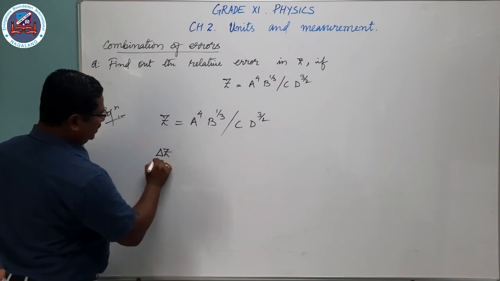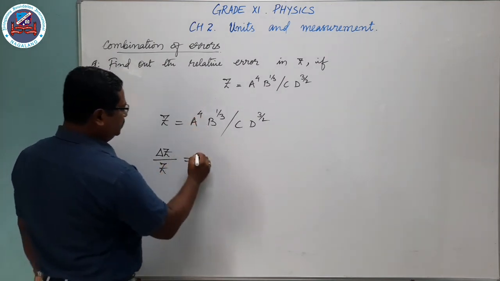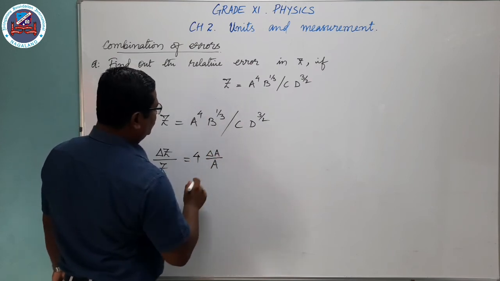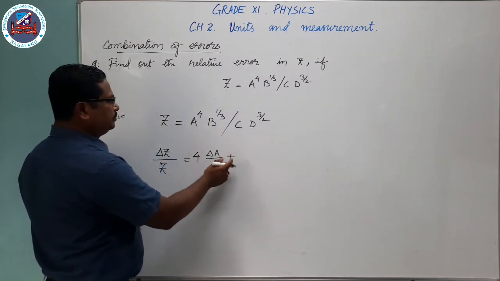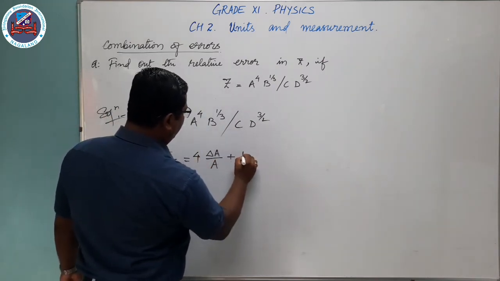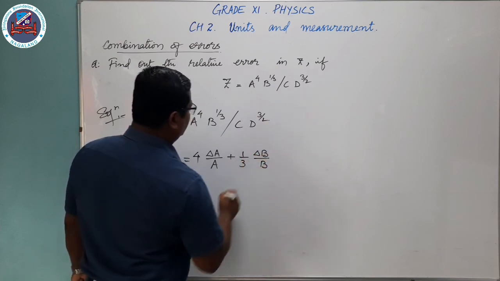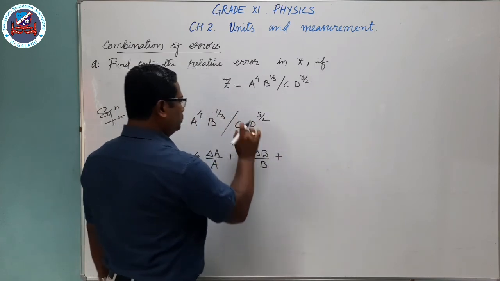Delta z by z, you will write it is equal to, power is 4, so 4 delta a by a, the relative error in a, plus you will put, don't put multiply or minus, power is 1 by 3 delta b divided by b, the relative error in b, plus the relative error in c, the power is 1 so nothing.